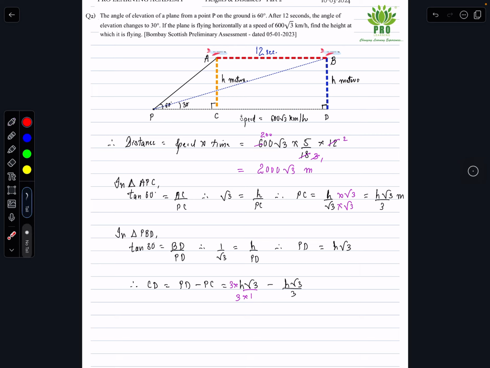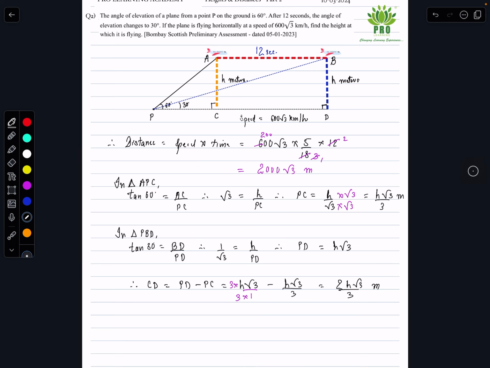So this is treated as 3 times h root 3, minus 1 times h root 3. 3 minus 1 makes 2. So we have 2 times h root 3, the whole over 3. That is distance CD in terms of meters.